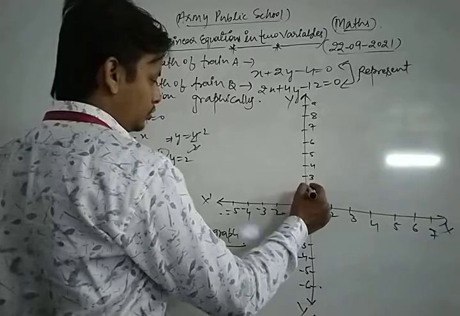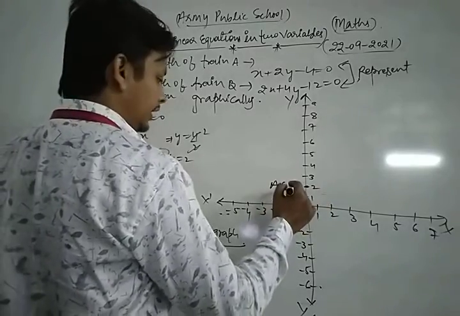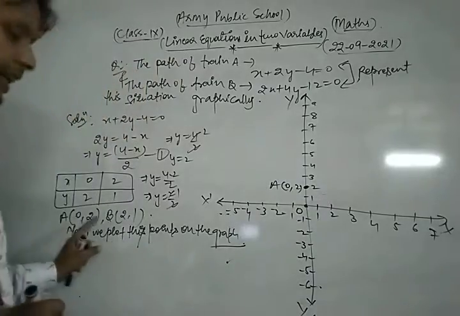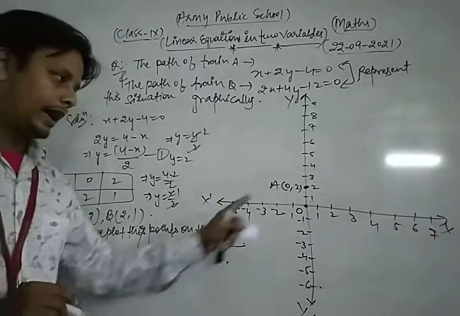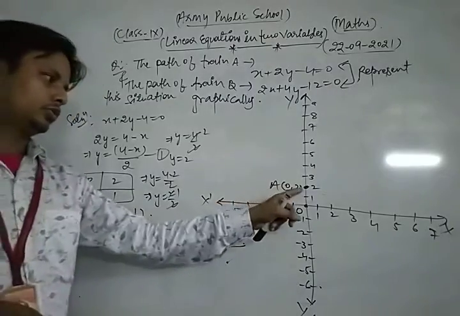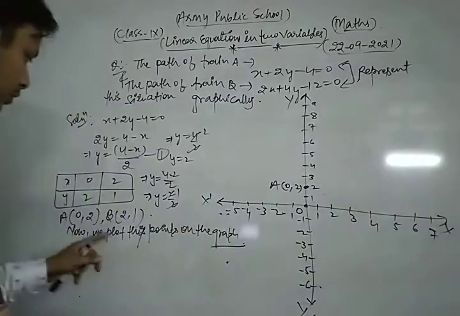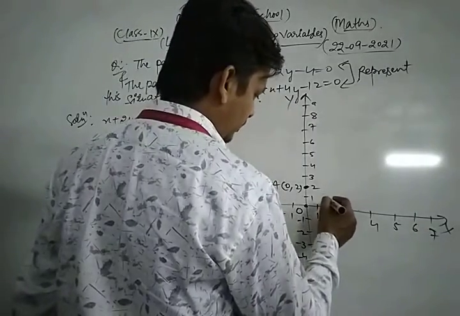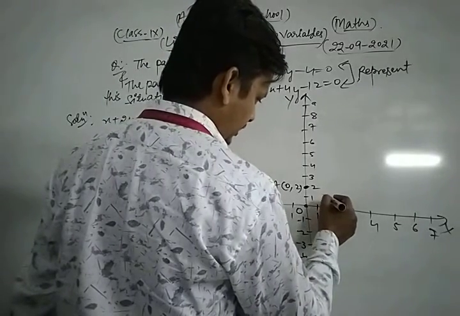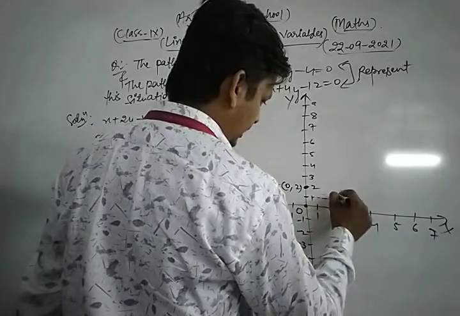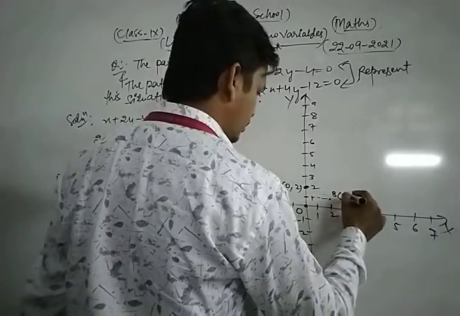So the point 0, 2 is at this location. This is the location of point A, that is 0, 2. The abscissa is 0, on the y-axis, and the ordinate is 2. Now this is 2, 1. The abscissa is 2 and the ordinate is 1. So point B is at this point 2, 1.